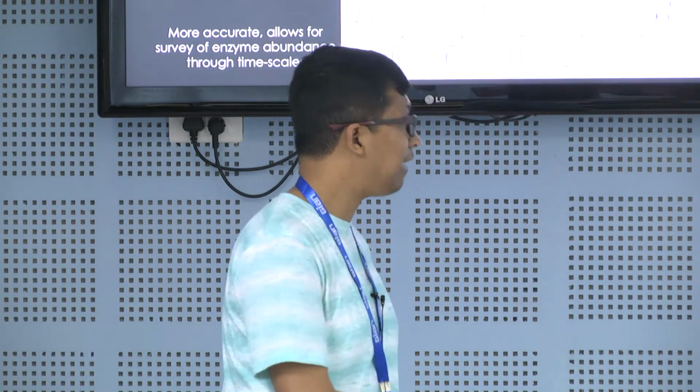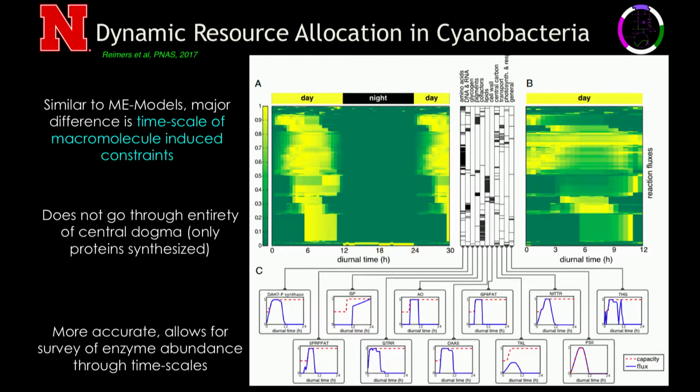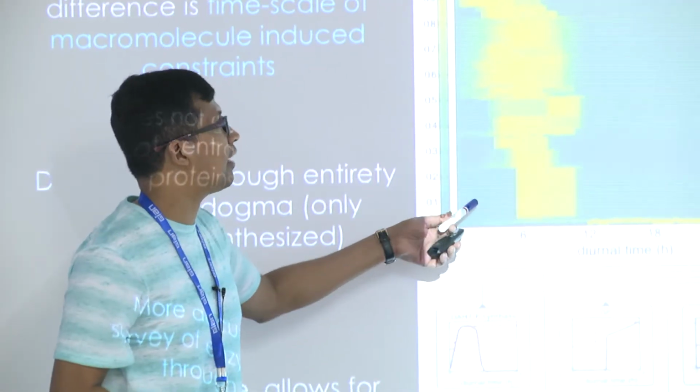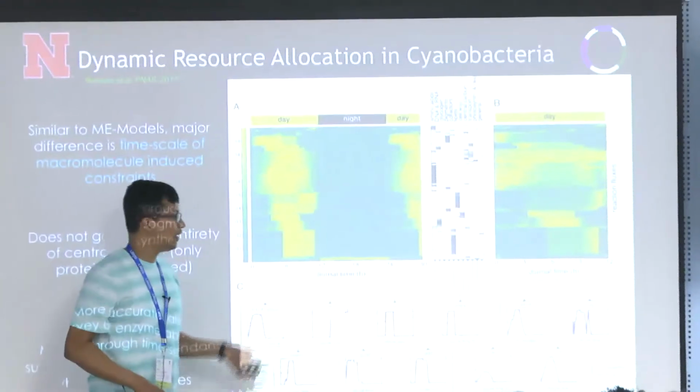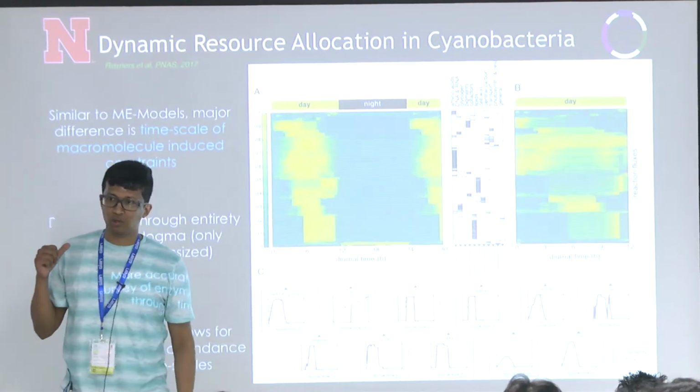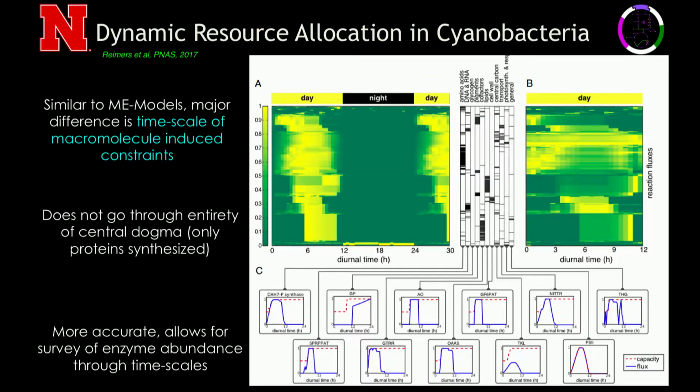This is still a metabolic model, but what they have shown, by using this protein resource allocation, they can simulate the light dark condition, and most of the times they have shown that it's more refined, it's an improved model than just a plain and simple metabolic model.